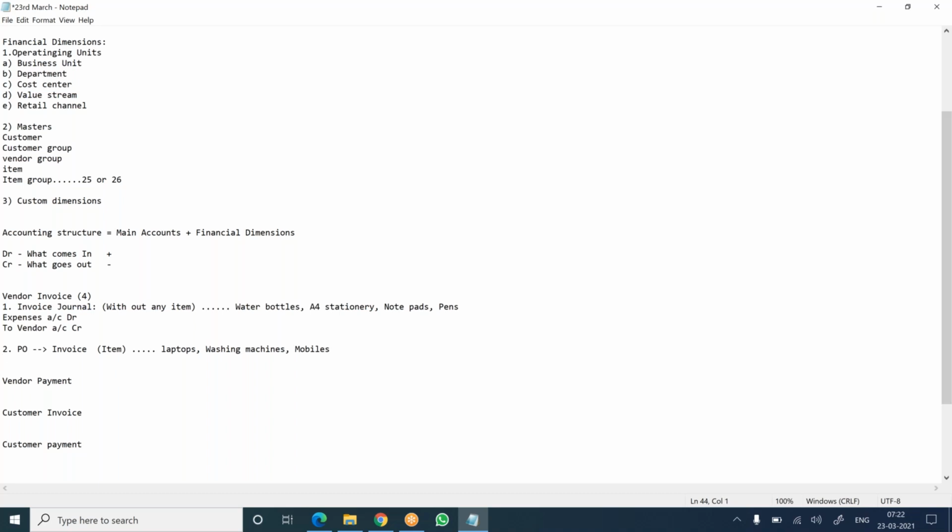Then here once again to the vendor account I need to pay money, and my inventory is increasing. My inventory value, my stock value, will be increased. Inventory account debit to vendor account credit, if it is a purchase order invoice. If it is invoice journal, it is expenses account debit to vendor account credit.